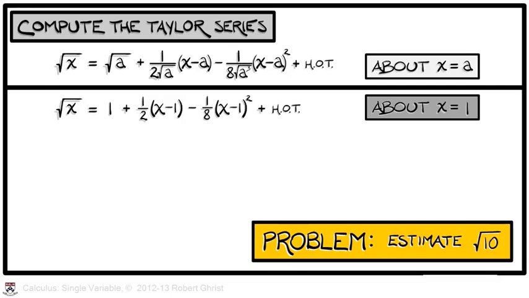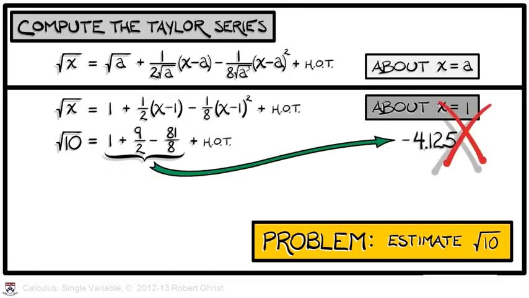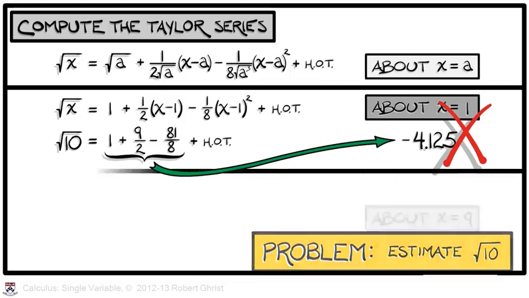On the other hand, when I actually try to estimate the square root of 10 based on this, then I get 1 plus 1/2 times 9 minus 1/8 times 9 squared, or 81, plus higher order terms. How good of an approximation is that? Well, that gives me a value of negative 4.125. I know this is not the square root we're looking for. That is a bad approximation.